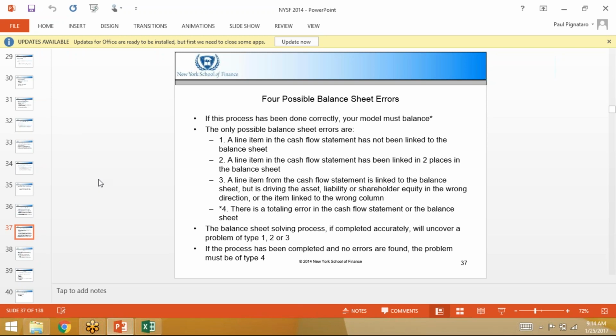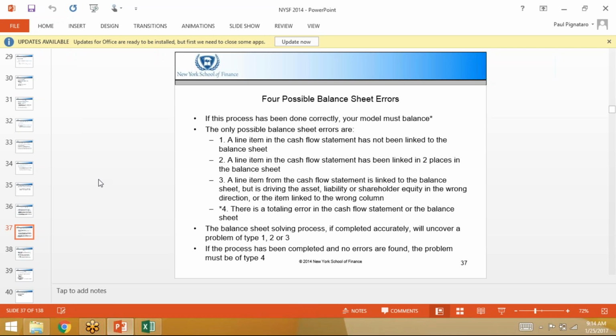The middle term should always be plus, except for non-cash assets, then it's minus, and that'll help you avoid problem of type 3, wrong column or going the wrong way. Fourth problem is maybe there's a totaling error in your cash flow statement or your balance sheet. You just have a mistake in your totals. That could also cause an imbalance.